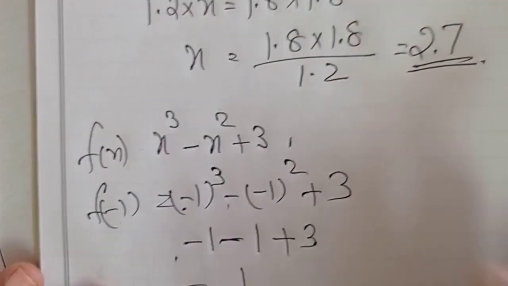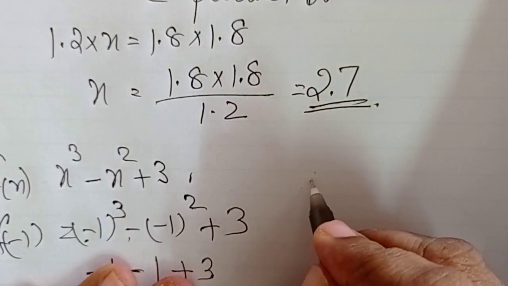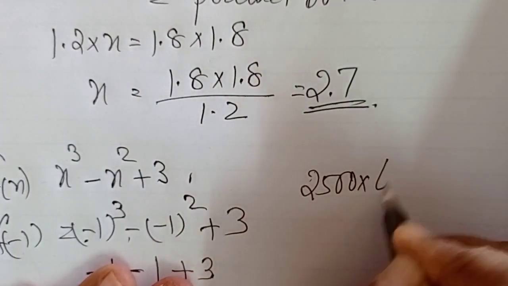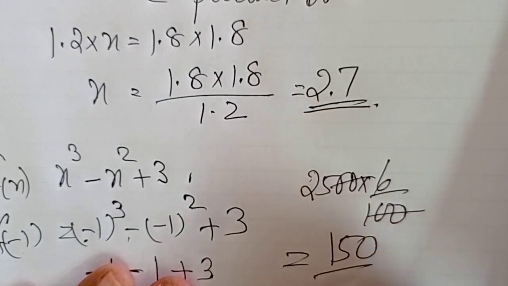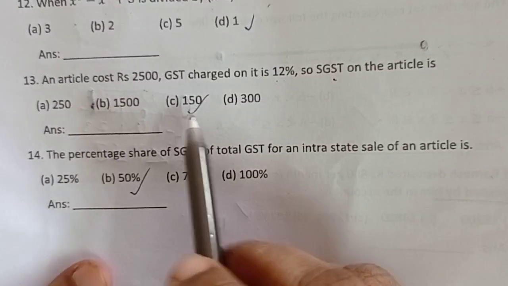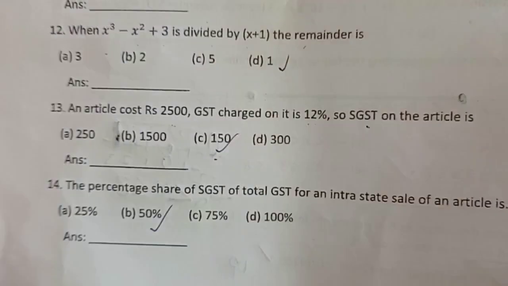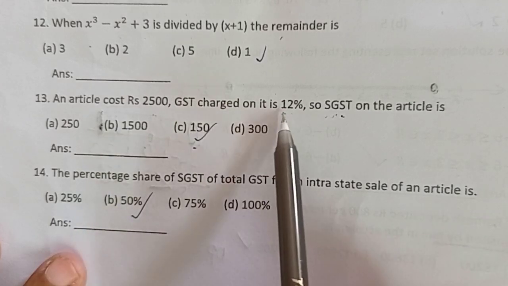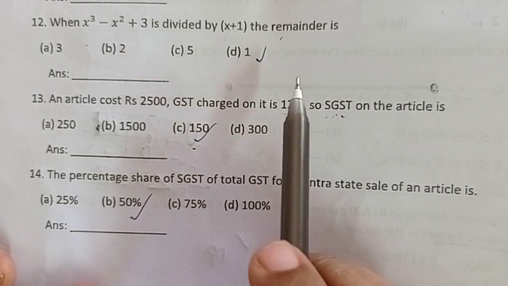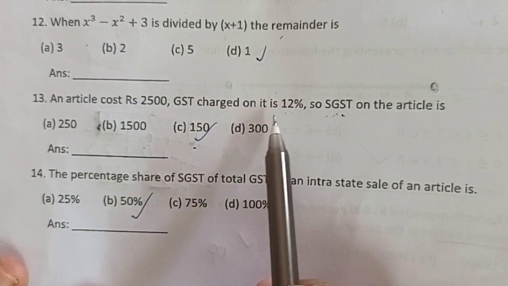Those who want the explanation: 2,500 into 6 by 100. 100 cancel. 150 is the correct option. CGST and SGST take half of the rate; for IGST you take the full 12%.